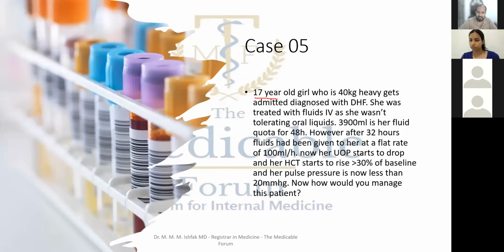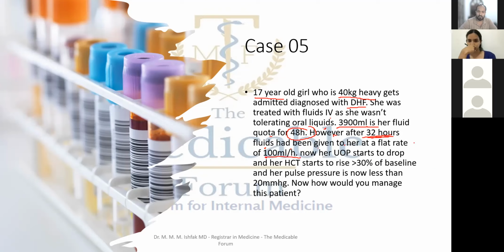There is a 17-year-old girl who is 40 kgs heavy. She gets admitted and diagnosed with DHF. She was treated with IV fluids as she was not tolerating oral liquids. Now, 3900 ml is her fluid quota for 48 hours. However, after 32 hours, fluids had been given to her at a flat rate of 100 ml per hour.